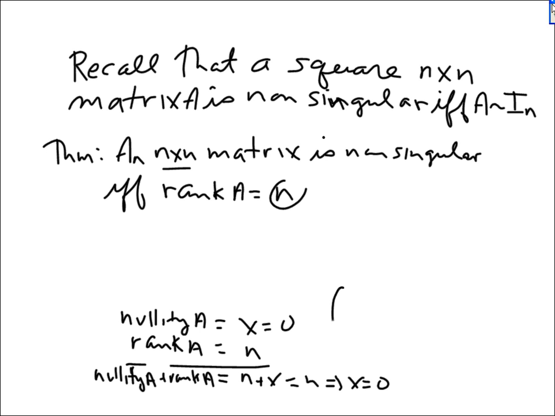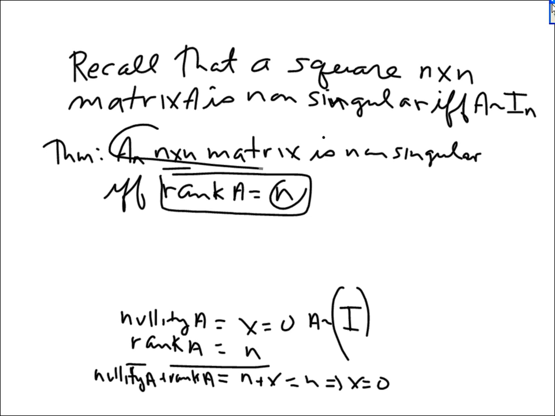And every time you take A and you reduce it to a matrix who has no rows of zeros, you always get I. You always get I. That is, this is equivalent to A is row equivalent to I. But that's exactly what it says above.